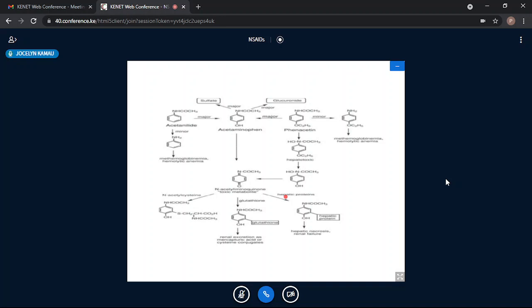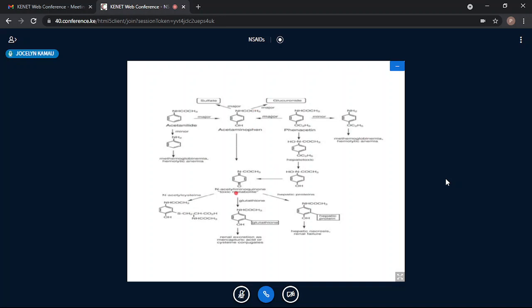And that is how those who commit suicide by taking paracetamol in very high doses die of hepatotoxicity, because of the high levels of the iminoquinone which are formed, and they cannot be neutralized by the glutathione. They exceed the glutathione stores, and therefore the person dies of hepatotoxicity.